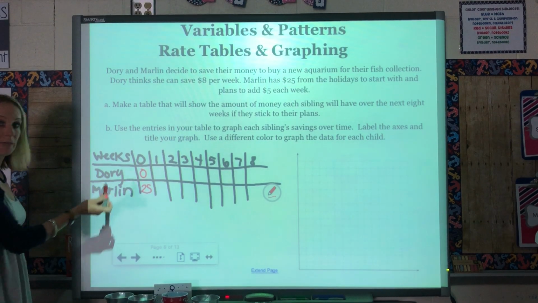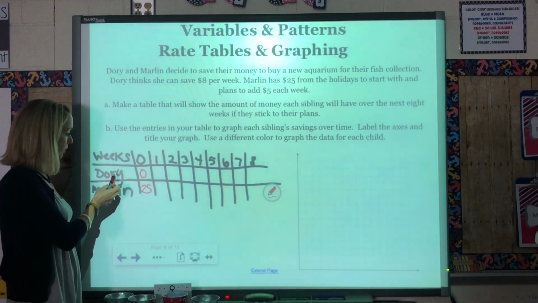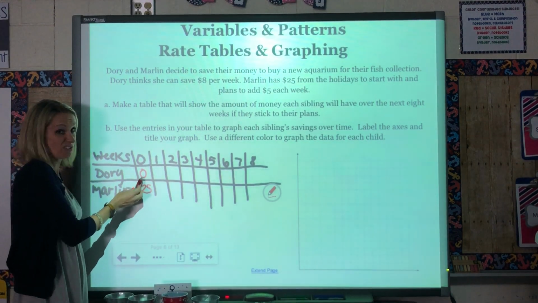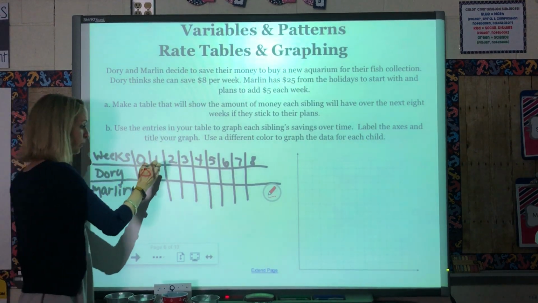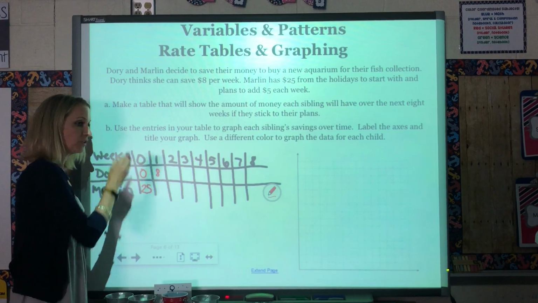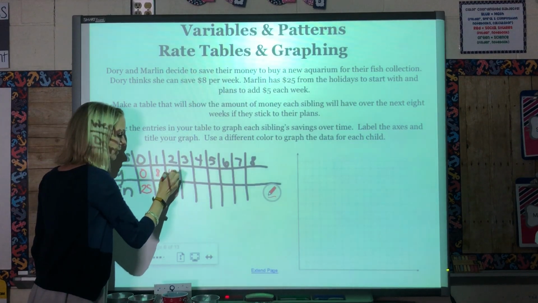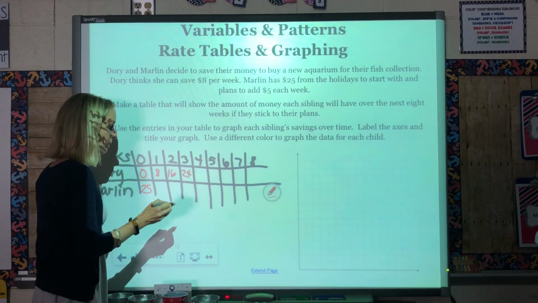After week 1, what I'm going to do now is fill in the table for each of the siblings. So we'll start with Dory. She starts with $0. After week 1, she thinks she can save $8 per week, so she has $8. Week 2, now she saved another $8, so she has $16. Week 3, she'll have $24.